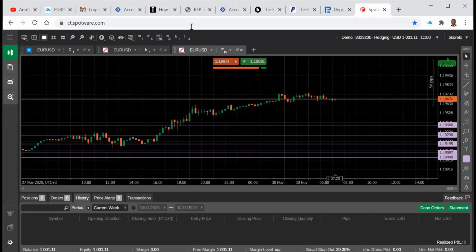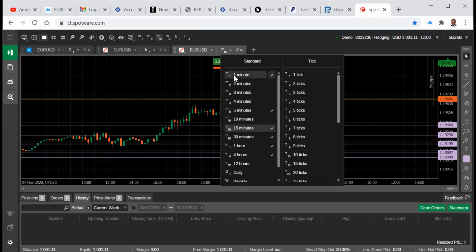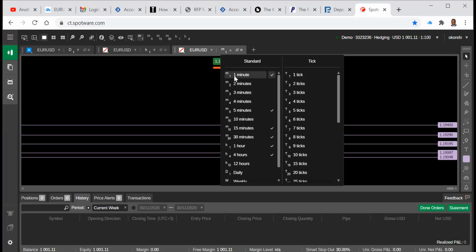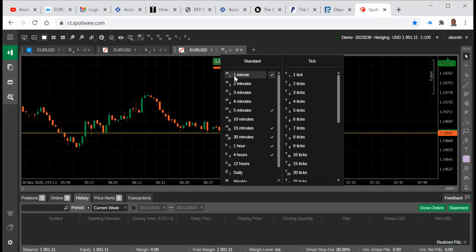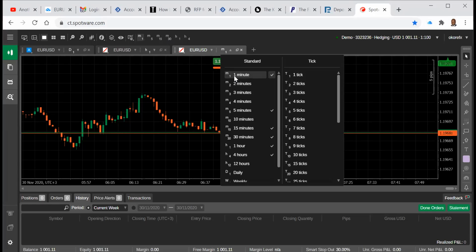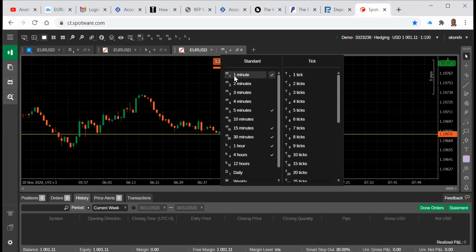There are some mathematics there, but I'm trying to avoid getting you into the mathematics. On average, if each pip is about $10, then 100 pips will almost be 1,000. Yeah, it's possible.